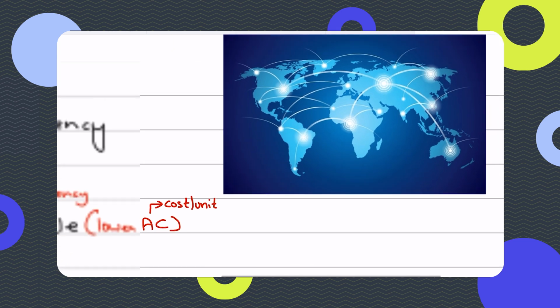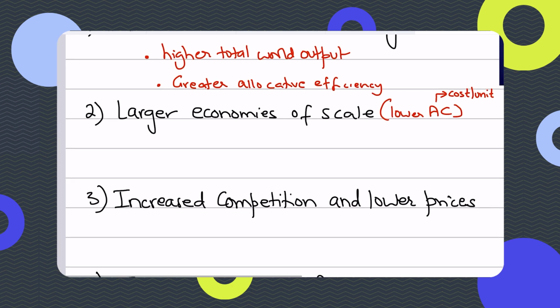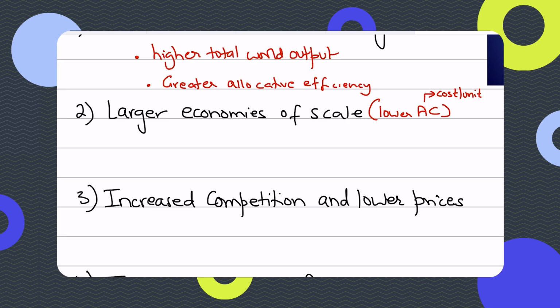When firms produce for a larger market, the overall output of that firm would increase. And if everyone does that, then global output goes up. Okay, fine. But when firms produce for larger markets, output goes up, and that results in lower average cost for firms.